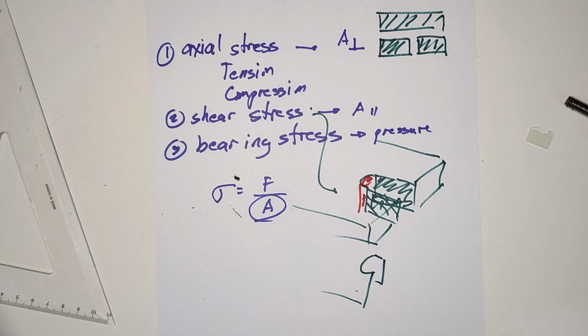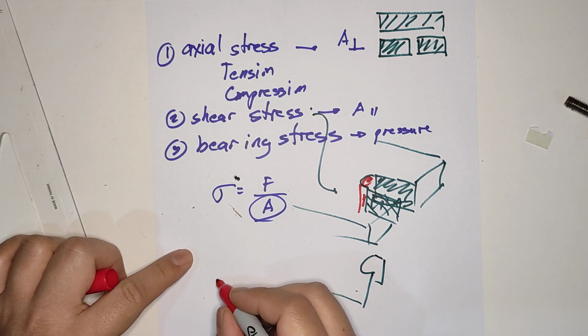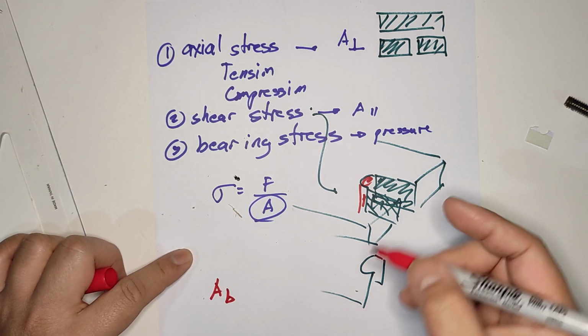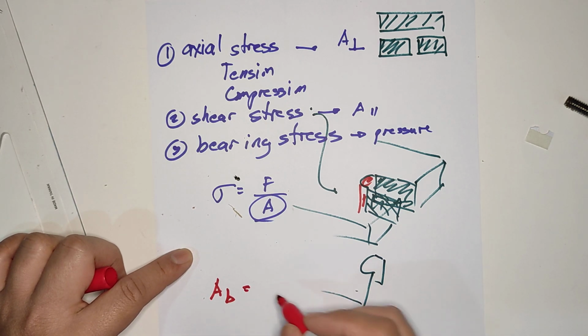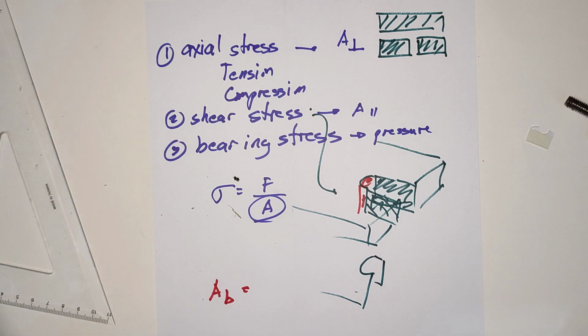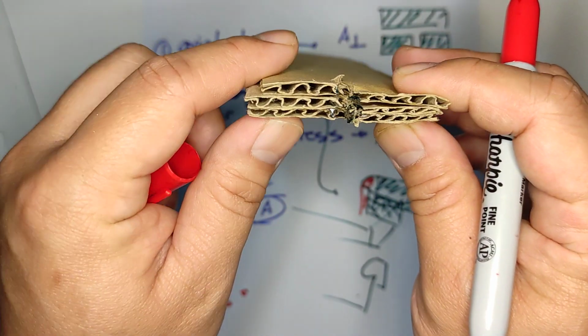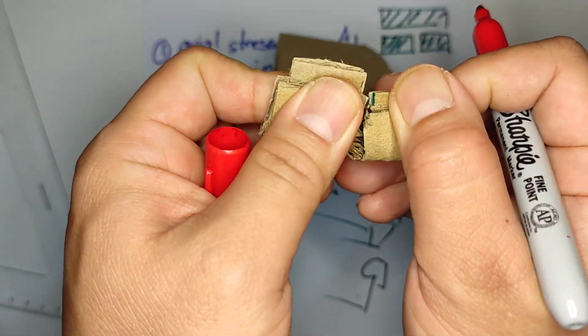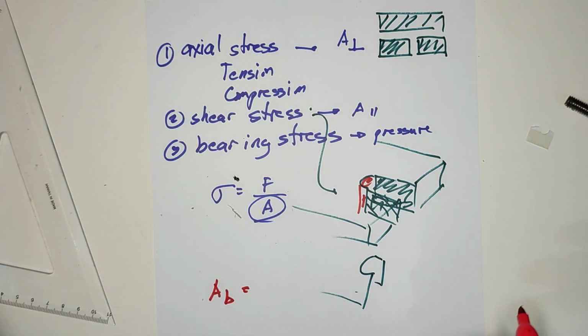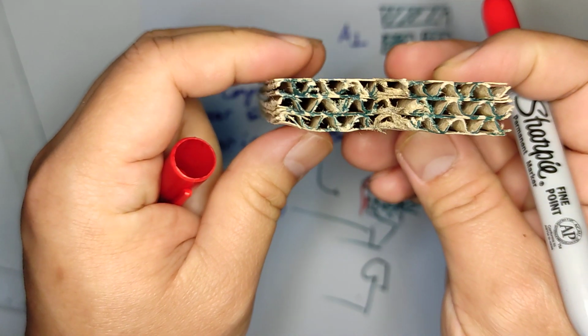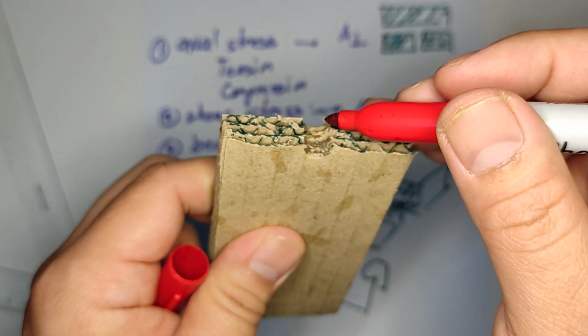For the area of bearing stress, this one is the projected area. If I look at this one, the projected is, wait, where's the other one? Here. The projected is this one.